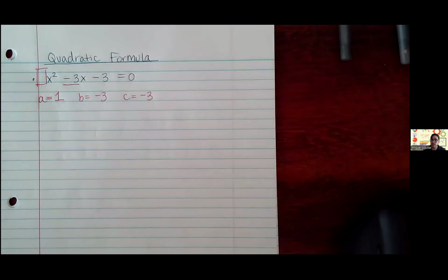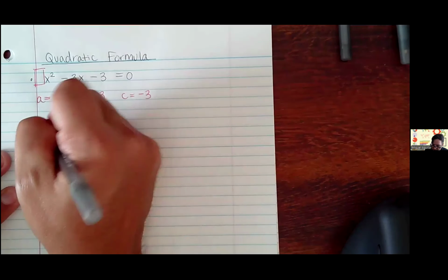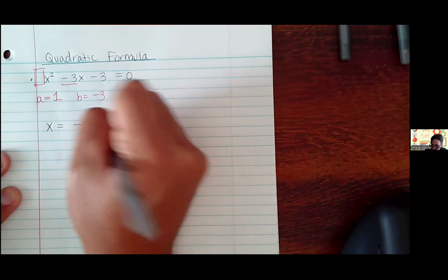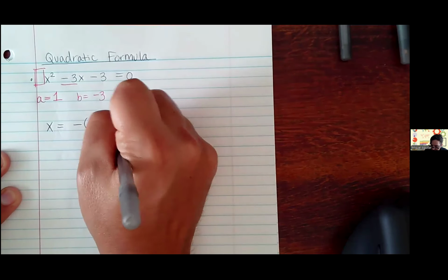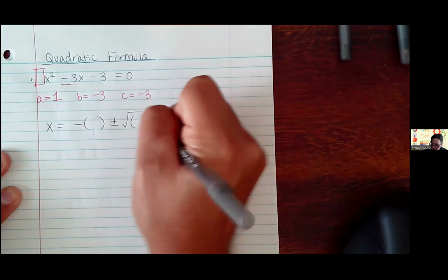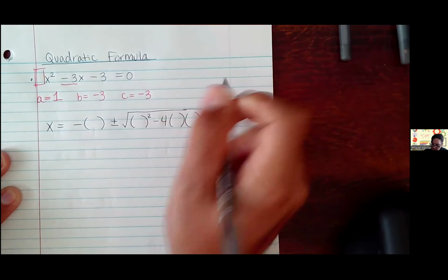You guys have been labeling these coefficients since we started factoring trinomials using the AC method. So it should be somewhat comforting to come back to this a, b, and c, okay? Then we can prepare our workspace: x equals negative b plus or minus the square root of b squared minus 4 times a times c.